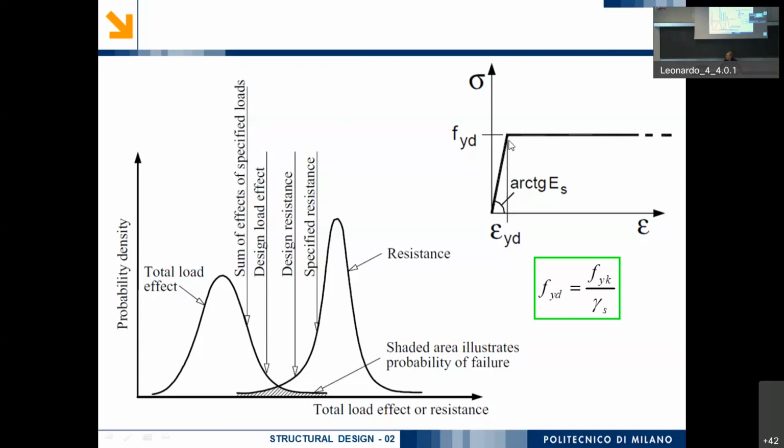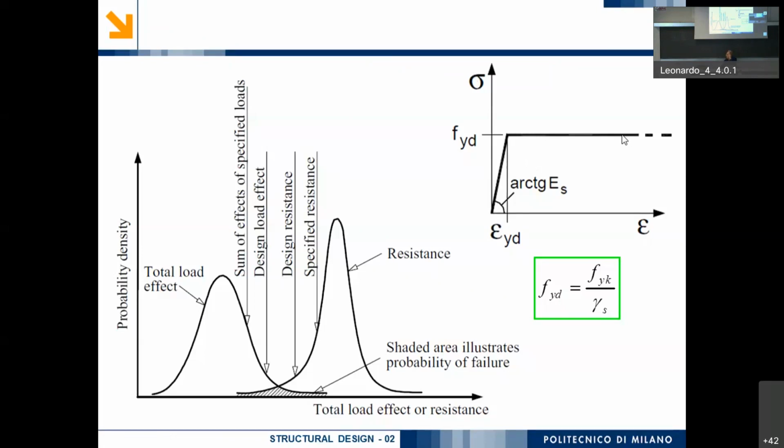So, remember, we have a yielding value of the stress for the steel. It means that the sigma epsilon curve is linear until the yielding value of the stress, and afterwards it's constant. Okay? Of course, the real value of the yielding stress for a steel material is larger than the one that we use in design, okay?